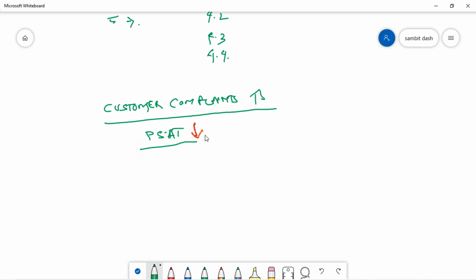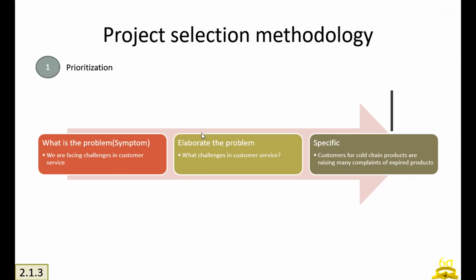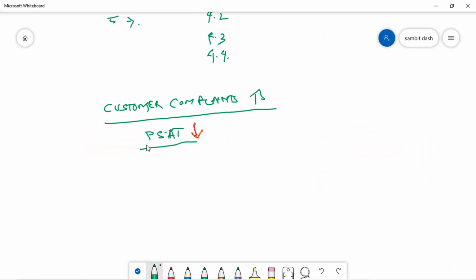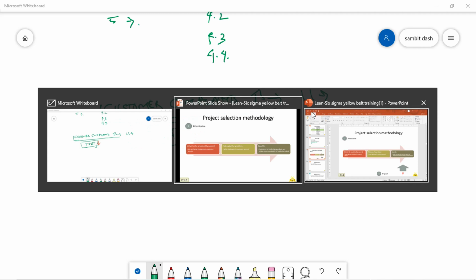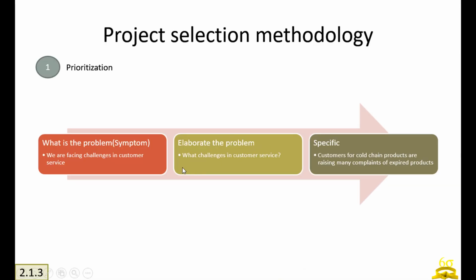Now you have to find out, if we go back to what the problem is exactly. So let's understand that we are receiving too many complaints. Let's take this one individually, or you can take this one also. So for this one, our first level, let's call it L1, is we are receiving too many complaints, right? Elaborate the problem. What are those challenges, right?